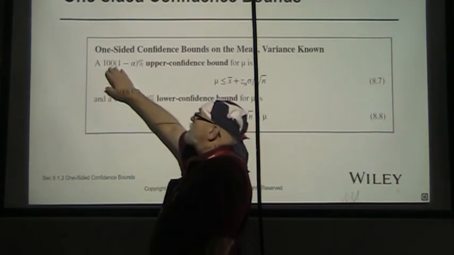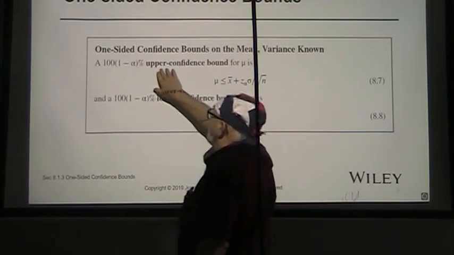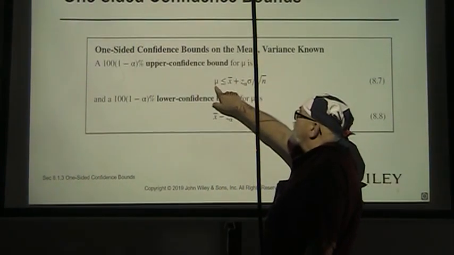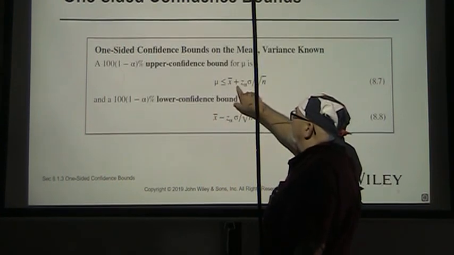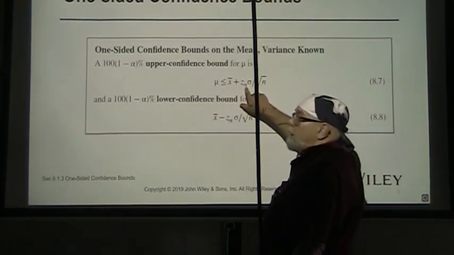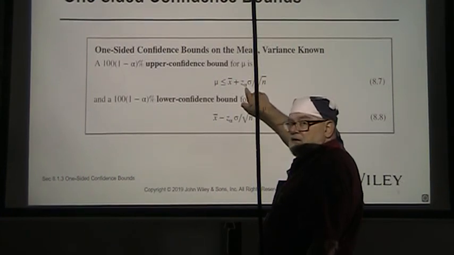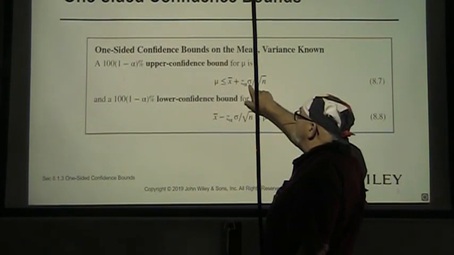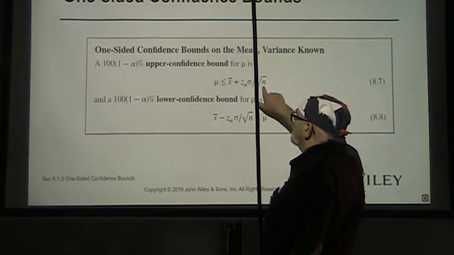A 100 times the quantity 1 minus alpha percent upper confidence bound for mu is: mu is less than or equal to x bar plus z alpha. You'll notice it's just z alpha, not z alpha divided by 2, times standard deviation divided by the square root of n.